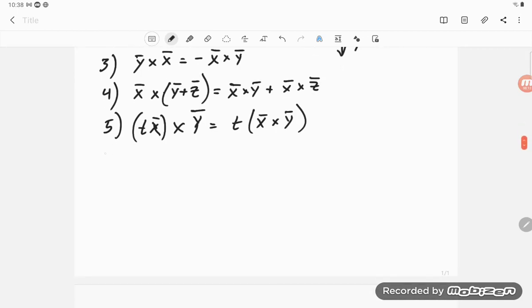Now they also mention this thing called the scalar triple product. So we have 3 vectors.